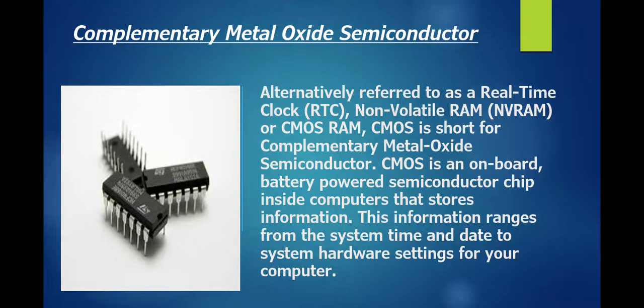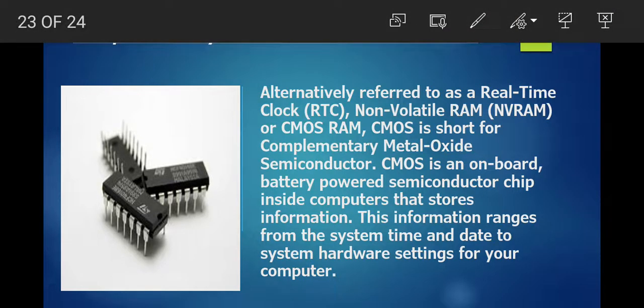This information ranges from the system time and date to the system hardware settings for your computer, meaning it stores all the information of our system. If it's not there, then we will not have any information of the operation.